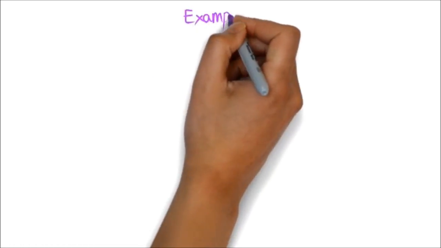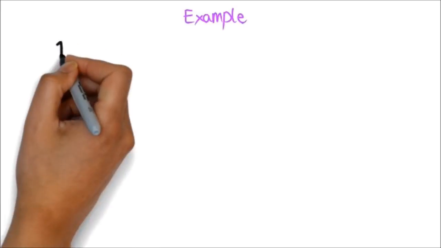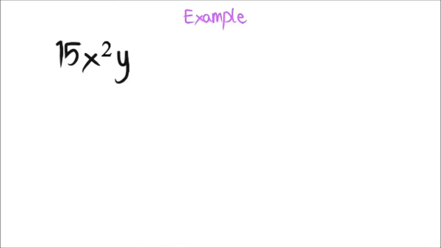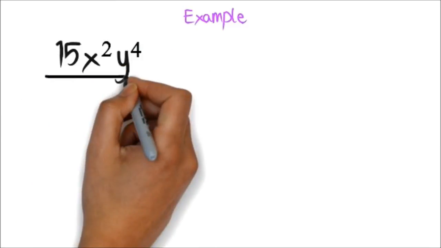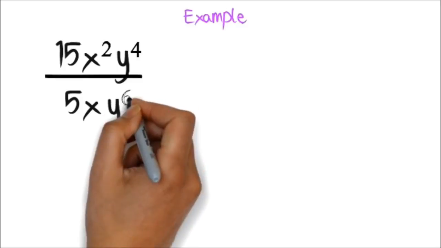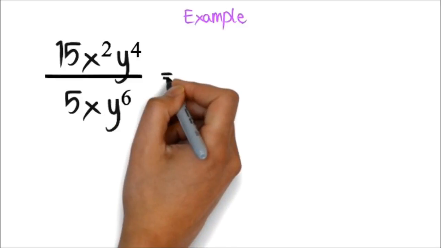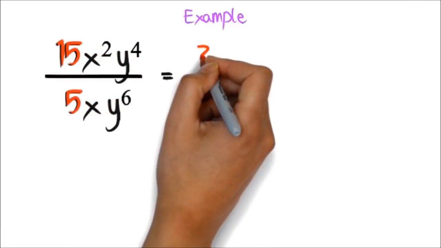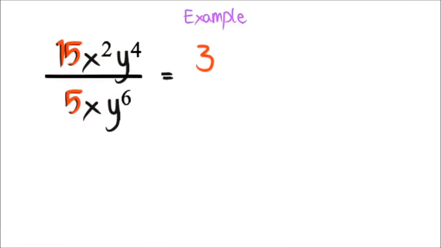Let's try another example. Here we have 15x squared y exponent 4 divided by 5x y exponent 6. First, we divide the 15 by the 5 to get 3.